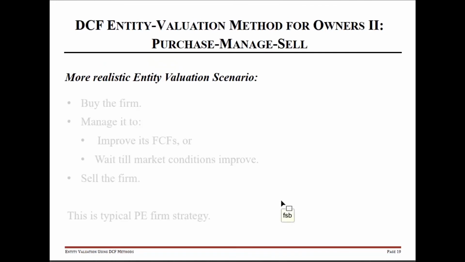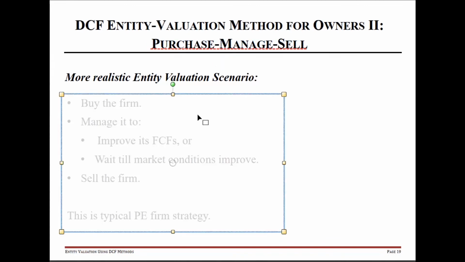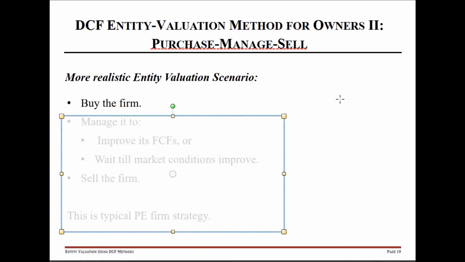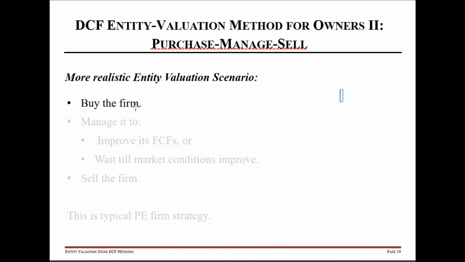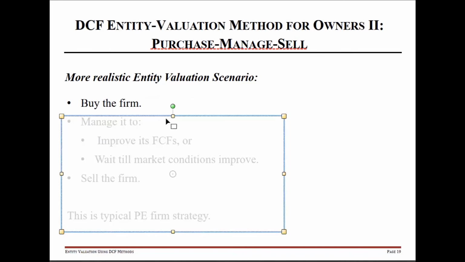And then the next method that we looked at for owners was the purchase, manage, sell model. This was a more realistic model. This is probably something you can expect to see on the final. And the basic idea is we're going to buy the firm, we're a competing firm, or a private equity firm, something like that.